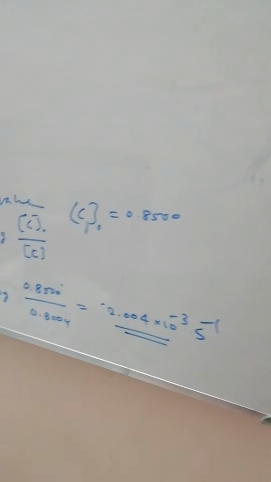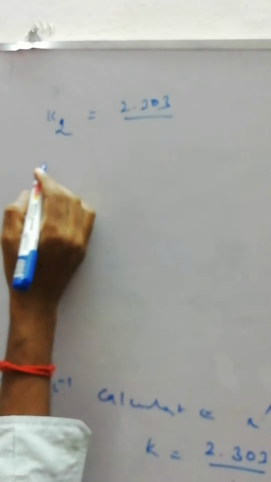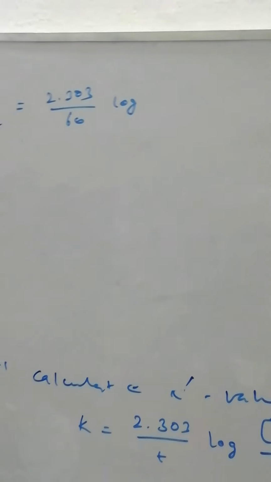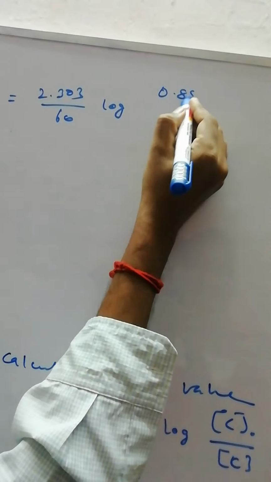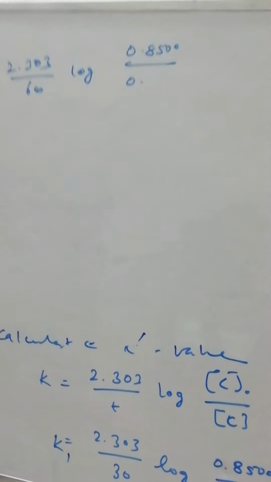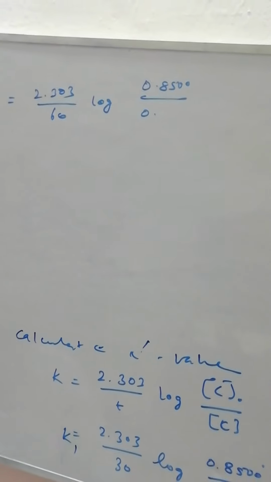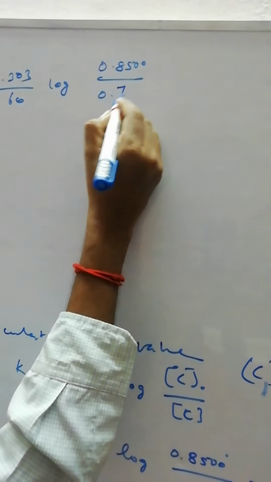Textbook example problem. This is the K value, K1. K2 is equal to 2.303 by 60 log of the second value. What is the second value given in the question? 0.8500 by 0.7538.